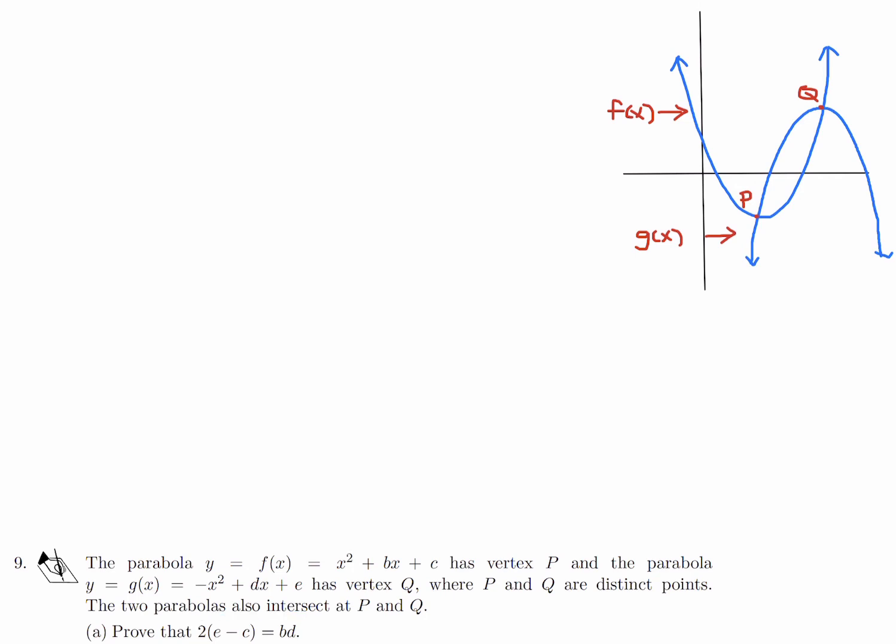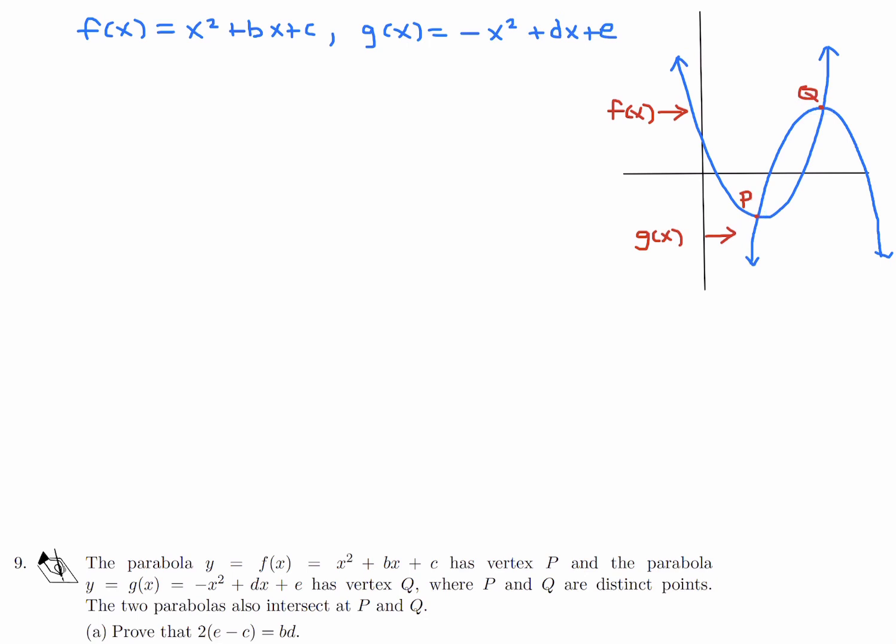So here we go. The first thing is we've got our two equations. F at x is equal to x squared plus bx plus c, and g at x is equal to negative x squared plus dx plus e. Those are the two equations given in the question. Now we know for a fact that they intersect. They intersect here and they intersect there.